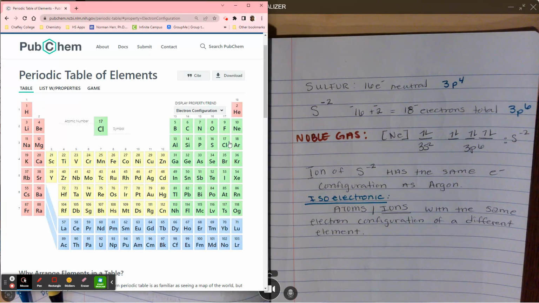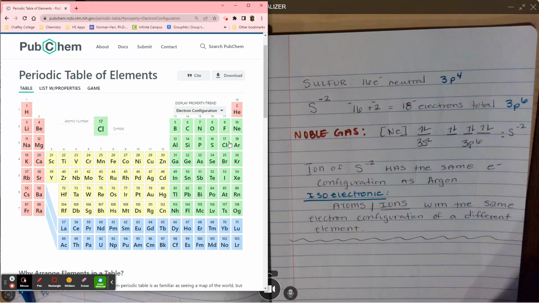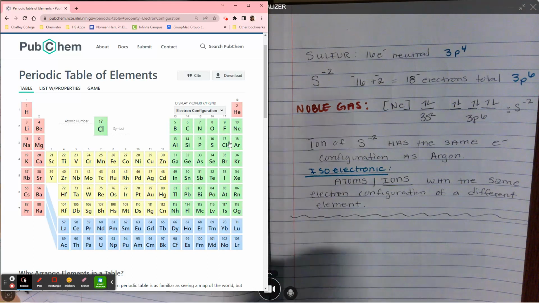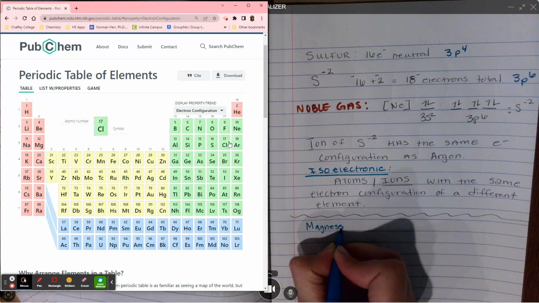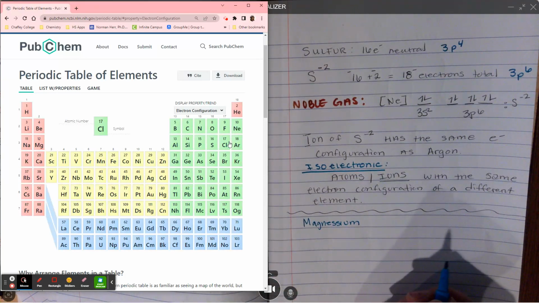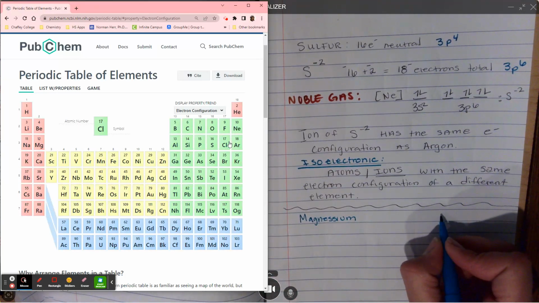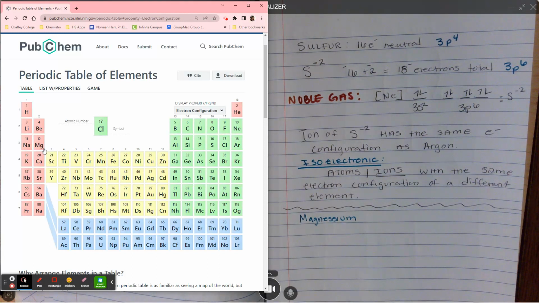All right, we'll do one example of the positive, and that's going to actually end this chapter. So let's do magnesium. We're going to do neutral magnesium and then magnesium with a +2. Magnesium is located right here.